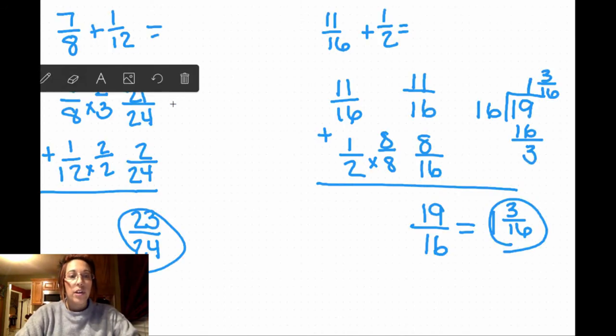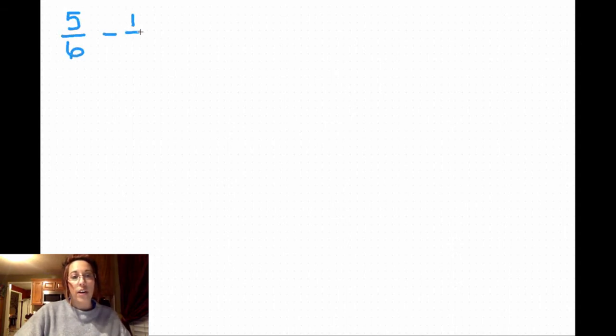So let's go ahead and do a couple of practice problems here and see what we can do with subtracting fractions with unlike denominators. So we have 5/6, and we're going to subtract 1/2.